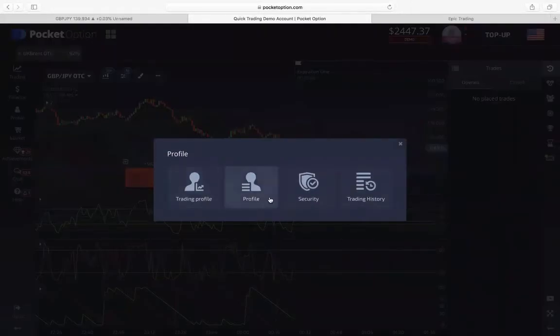Profile, this is where you should verify your account before you load it with real money. The verification process requires an ID and I think a social security number. It's a very secure website. The reason it asks for that information is simply because you are getting paid legally, so it's just making sure that you are a legal human being and not a robot.